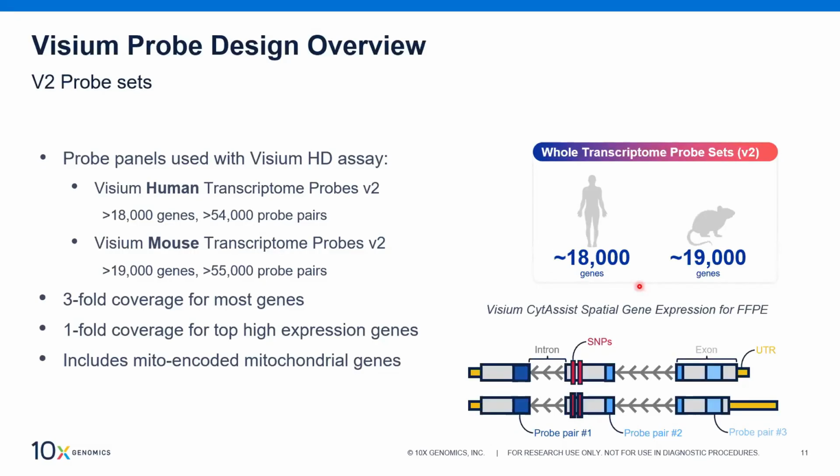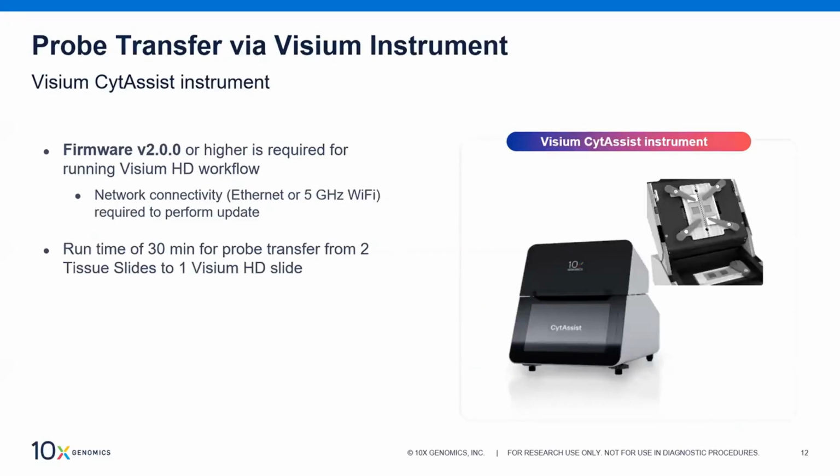An exception are genes that are generally very highly expressed, so these have only 1 probe set. On the graphic on the right, you can see a representation of how the 3 probe pairs are designed and where they can be located on this gene as an example. They are spanning the gene, so as to enable the most accurate hybridization steps.